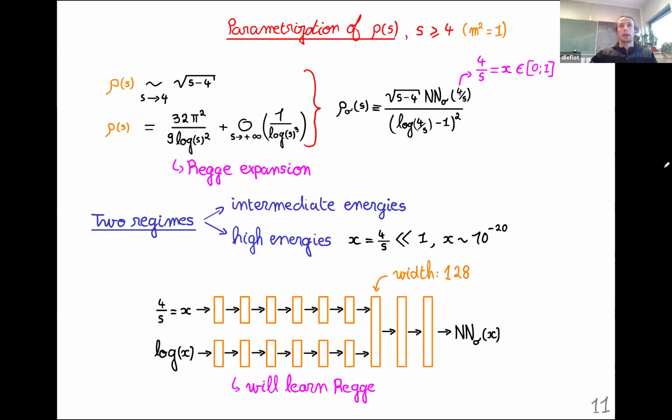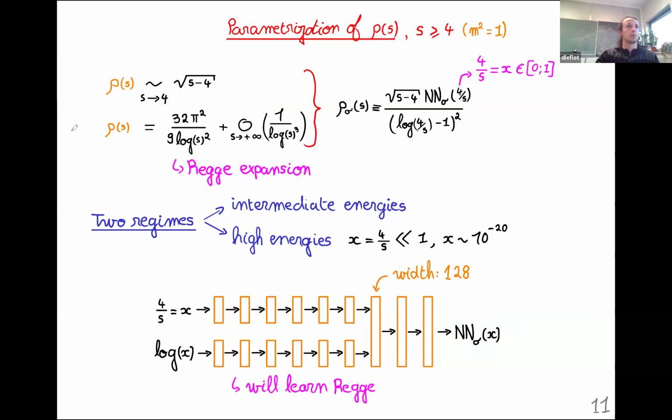Okay, and so in our case, we will want to parameterize our spectral density with the neural network. First, we have some analytical results for our spectral density. We know that for s close to 4, it behaves like a square root.